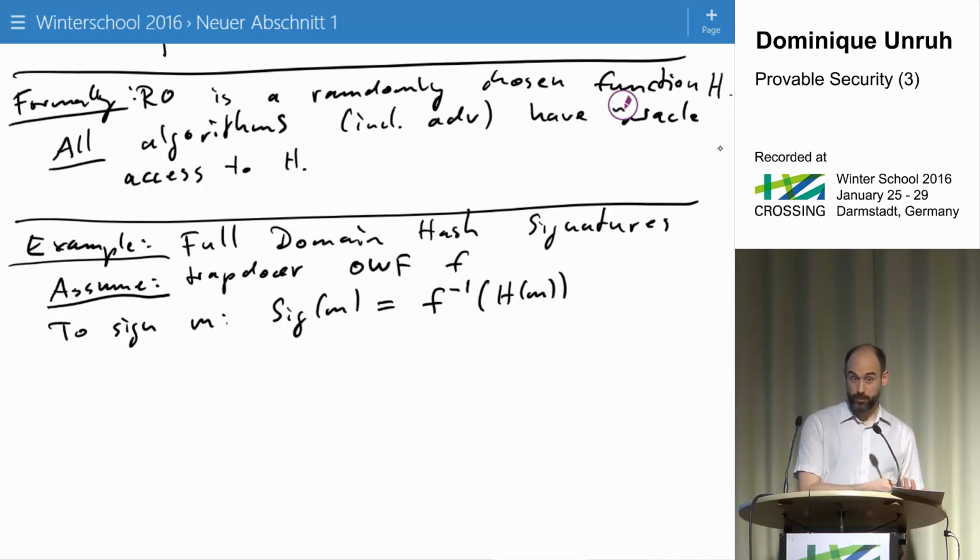So whoever wants to sign knows the secret key, he knows the trapdoor, he can invert the hash of M. Whoever doesn't know the trapdoor, that's the intuition, cannot apply F to the -1, and therefore he cannot compute such a signature. Of course that wasn't a proof, it was just showing that the most obvious way of attacking doesn't work.